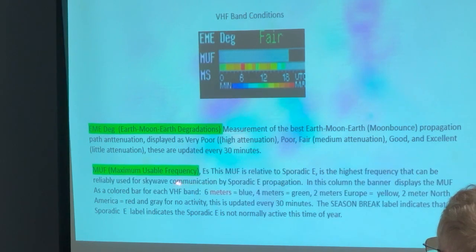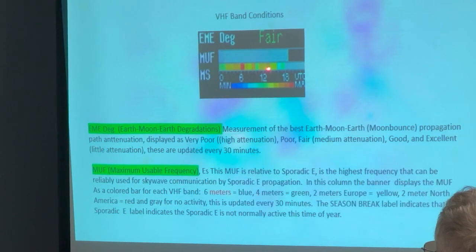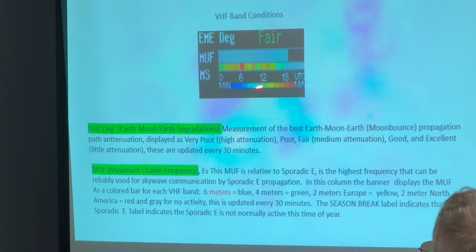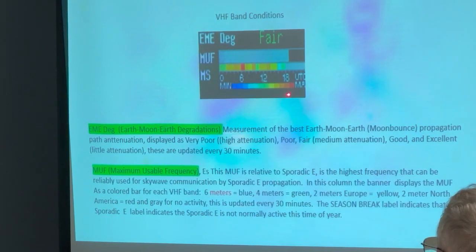You will see here you have a colored band, and this is the time in UTC. You can see this band down here, where the blue is a very minimum and the red is very likely that you're going to have it.